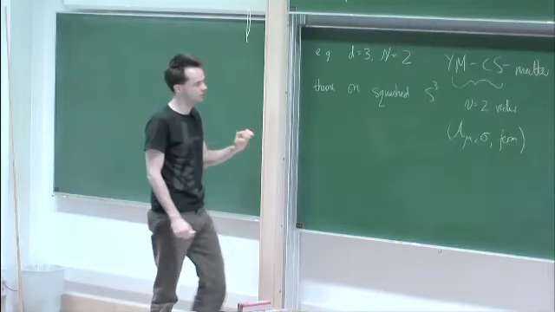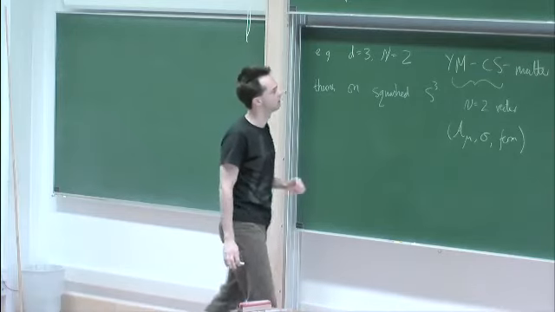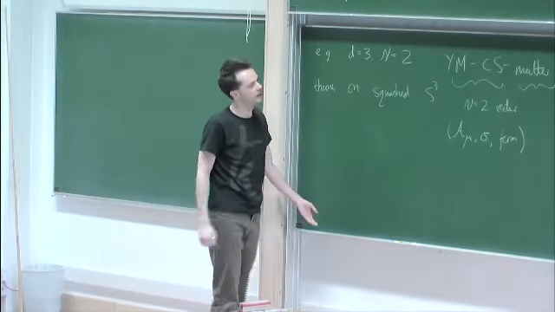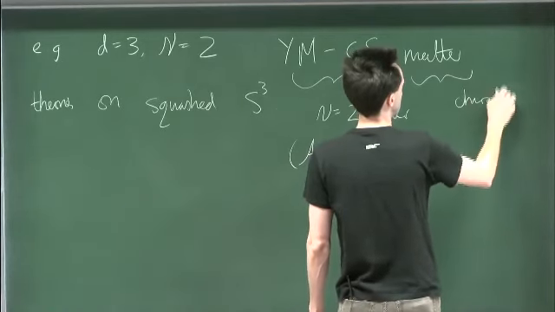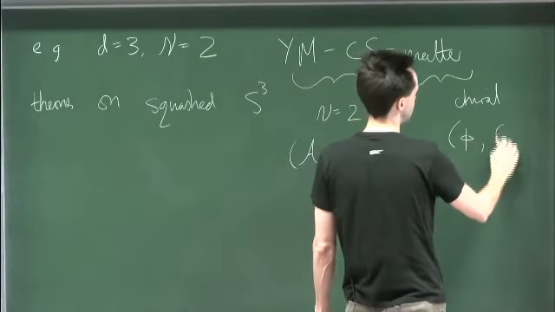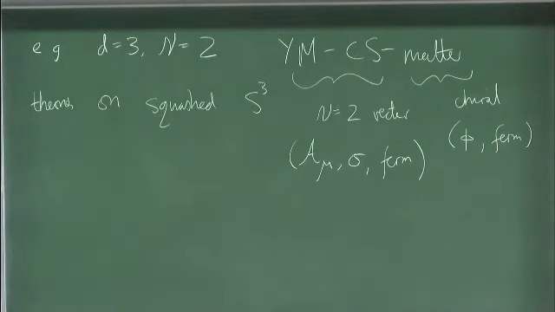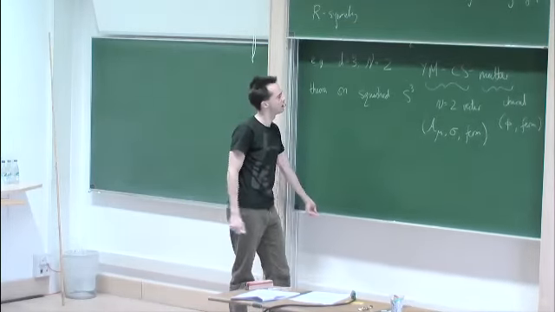And in fact, this gauge field, this scalar sigma will play an important role. And the matter will be the analog of a chiral multiplet in 4 dimensions, so it'll have some complex scalar and some fermions in it. So these are the sorts of theories I'll be talking about.